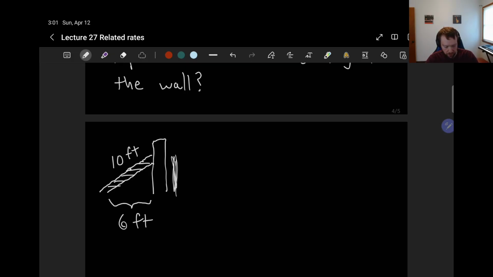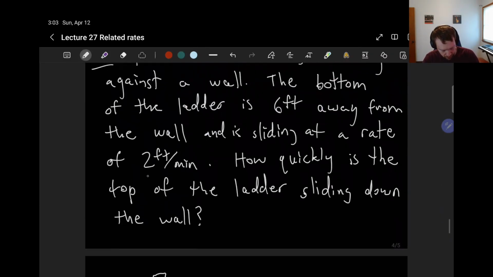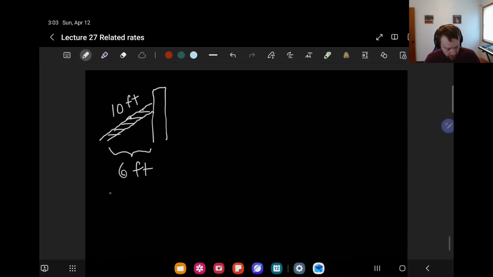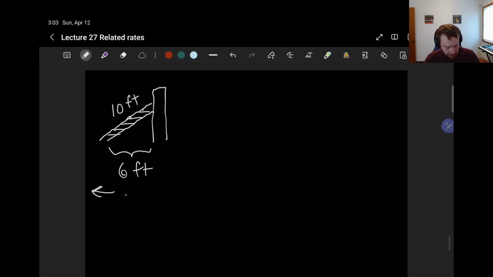Now, I don't necessarily know this height here, but we can actually figure it out. And the other bit of info that we're told is how quickly the base of the ladder is sliding away. So that base is sliding away horizontally at 2 feet per minute. So as that happens, that means the ladder will also be sliding down the wall. The top part will be. And that's what the problem's asking about.